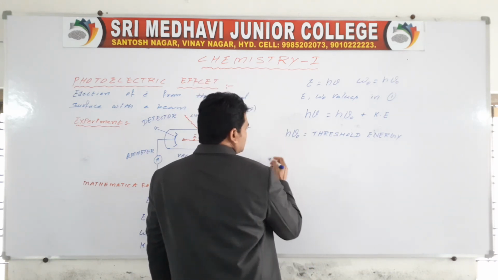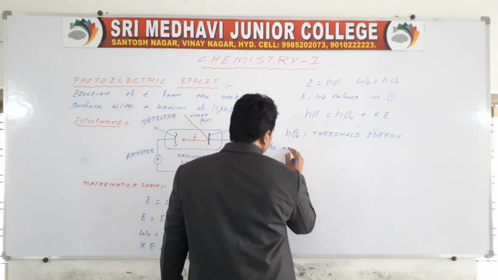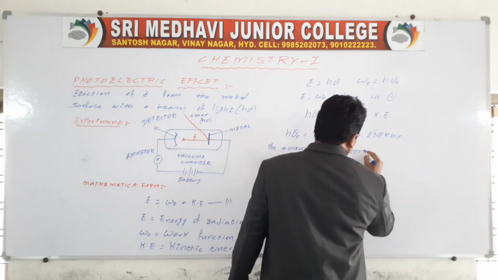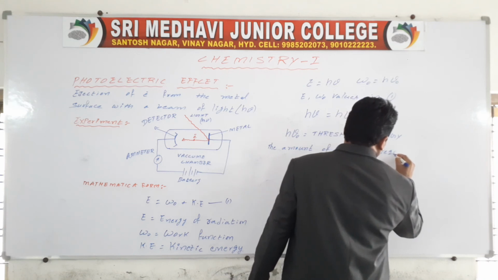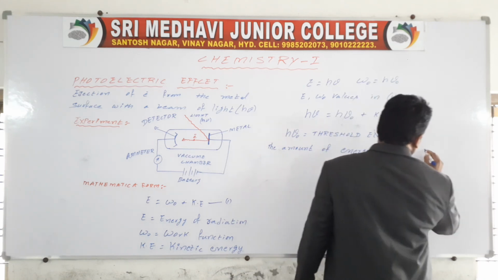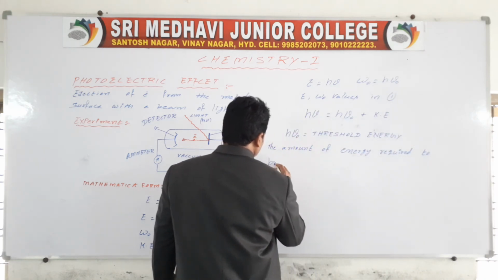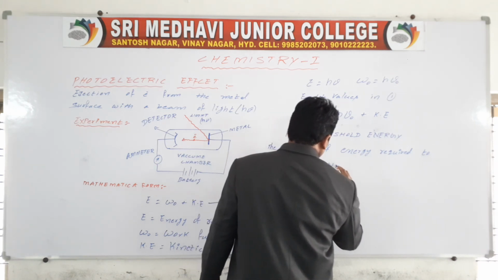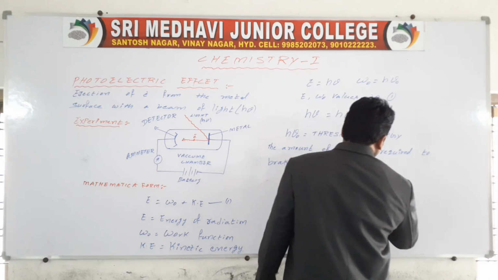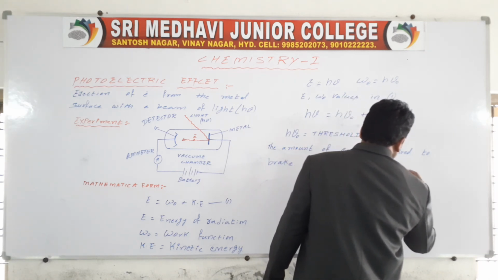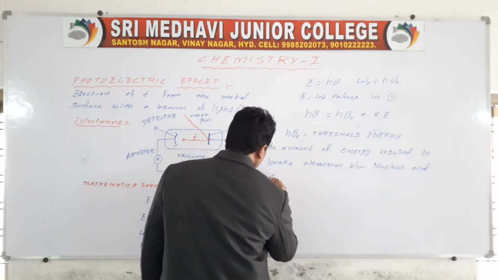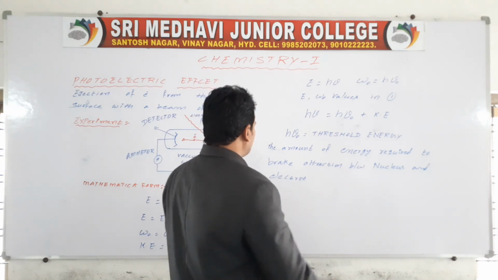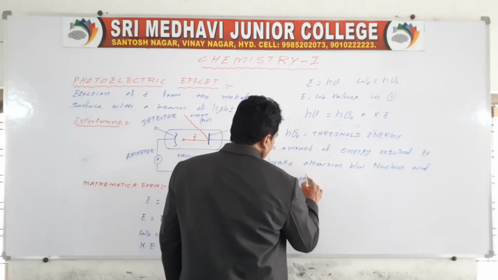The amount of energy required to break the attraction between a nucleus and an electron is called h nu naught.